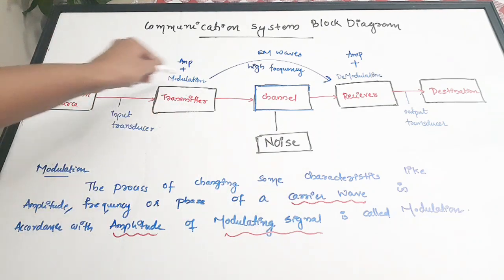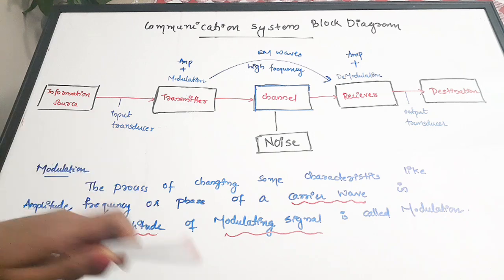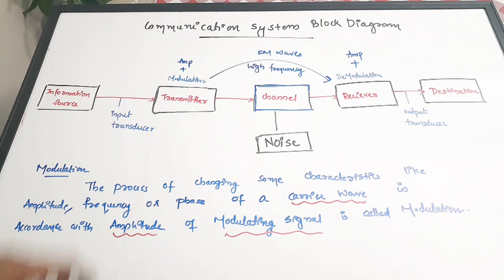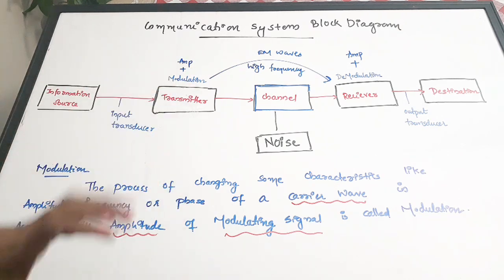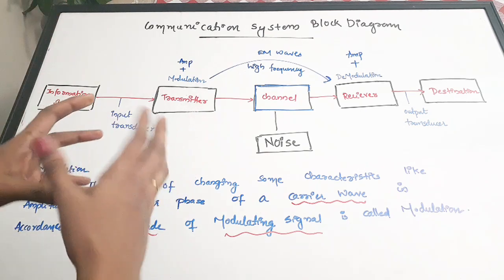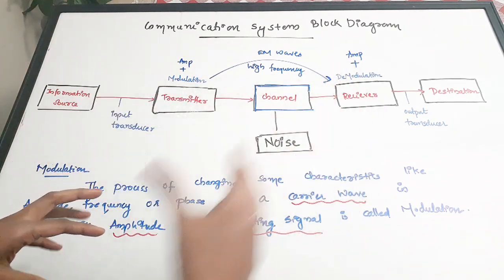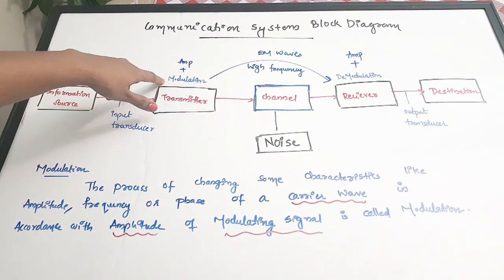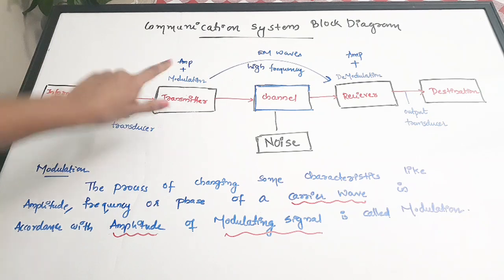So the transmitter section mainly consists of two components. One is an amplifier, then there is a modulator. The purpose of the amplifier is to amplify the signal, that is, the energy of the signal is boosted so that it is able to travel through this entire path. Then there is a modulation unit or a modulator.